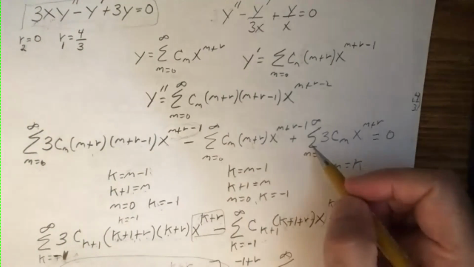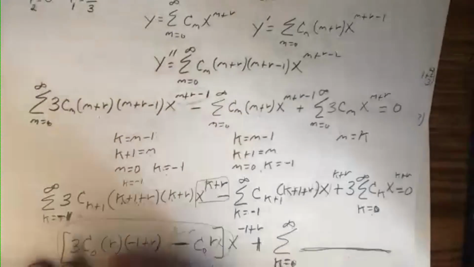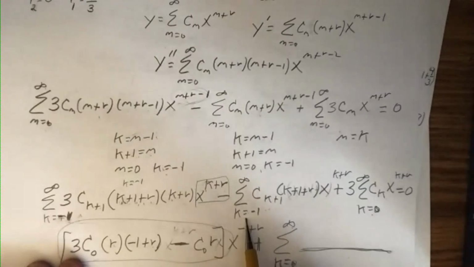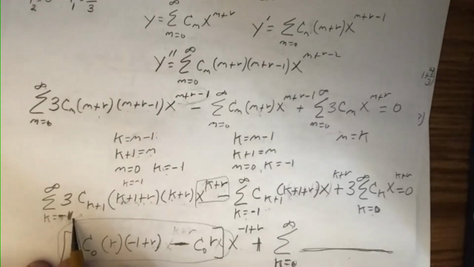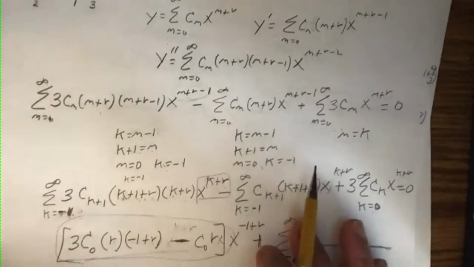This stayed the same. So now this is starting at -1, this is starting at -1, this is 0. I want them all to start at -1, so I write out the first term with -1, and it gives me this. All right, thank you, gotcha.